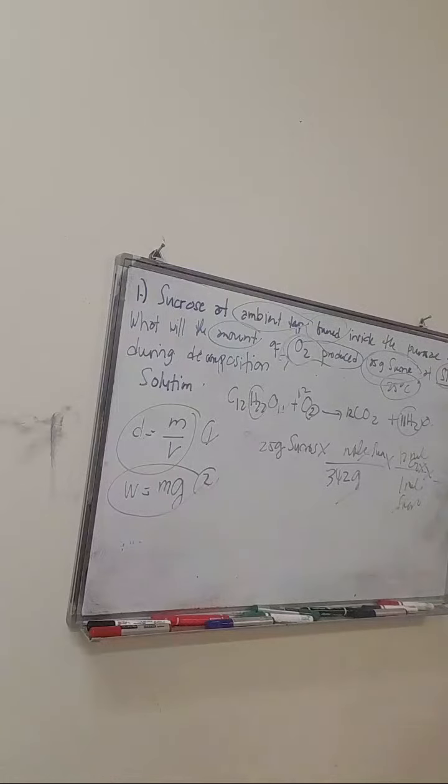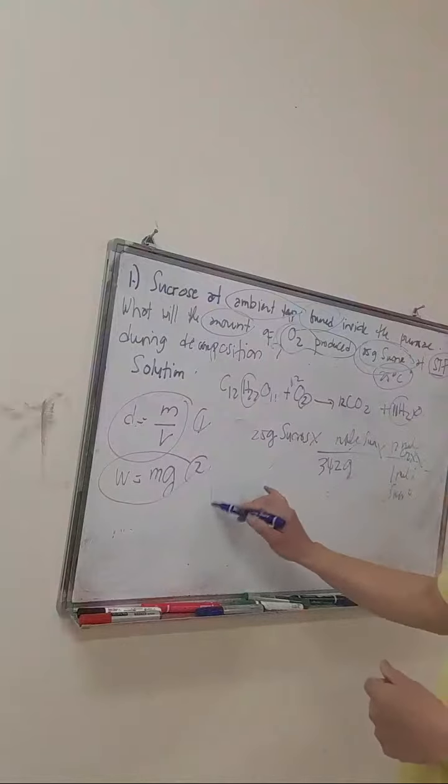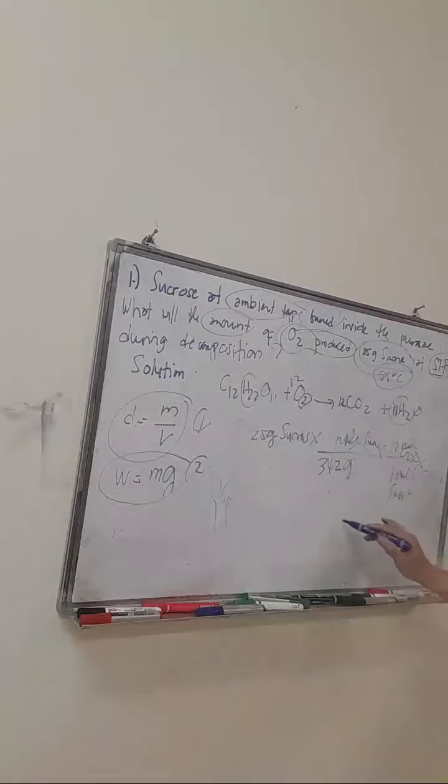What is the molecular weight of oxygen? 16, but not just 16: oxygen has subscript 2, so 2 times 16 is 32.